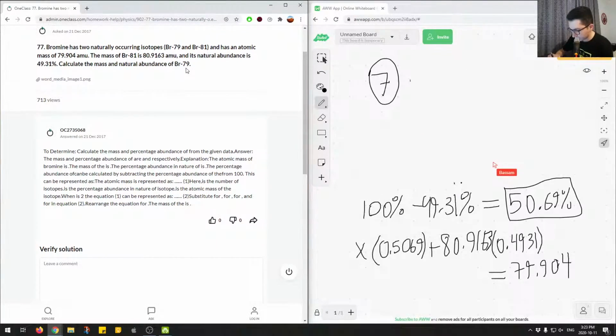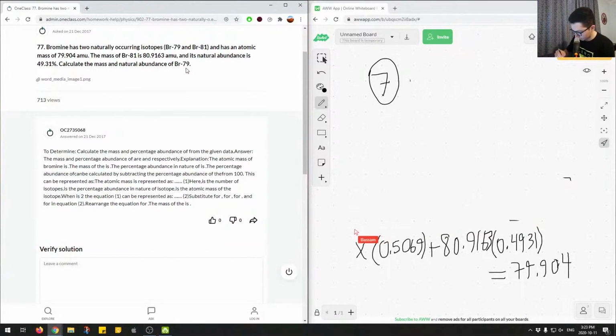Essentially all we have to do is rearrange and solve for x. So x equals 79.904 minus 80.9163 times 0.4931, because we subtract this term on both sides of the equation.